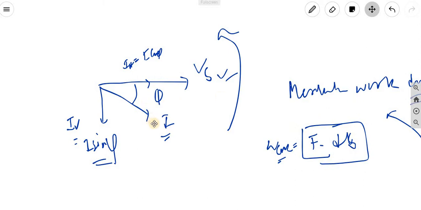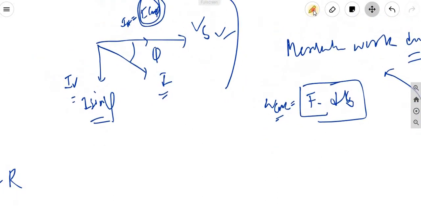So this component is in the direction of voltage, so this component would be the work done. It means the active power, the power we can consume.